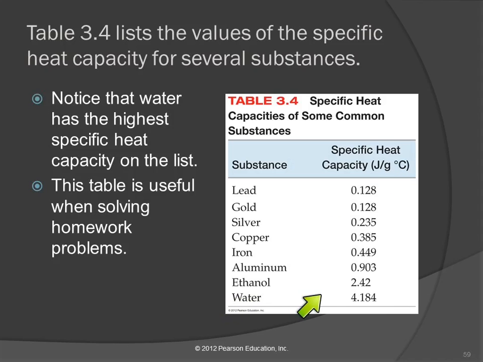So water has a very high specific heat capacity, 4.184 joules per gram degree Celsius. Many of these substances here are metals, and they have very low heat capacities or specific heats. And here's ethanol, alcohol, that's kind of in the middle. But you might need to look some values up when doing homework.